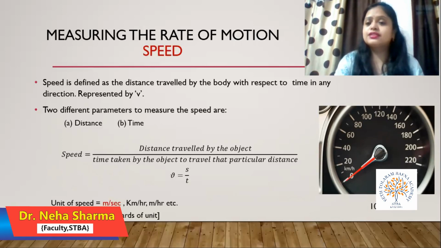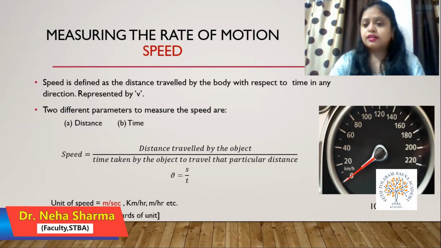The unit of speed is meter per second. It is the SI unit of speed. What does it mean? SI denotes the International Standards of Units. So its standard unit is meter per second, but it has other units like kilometer per hour, etc., and these are used very widely.